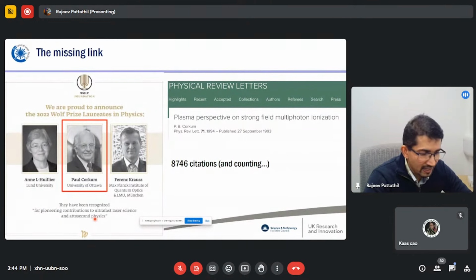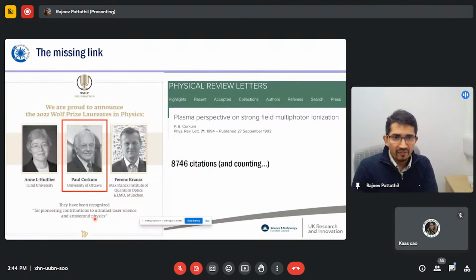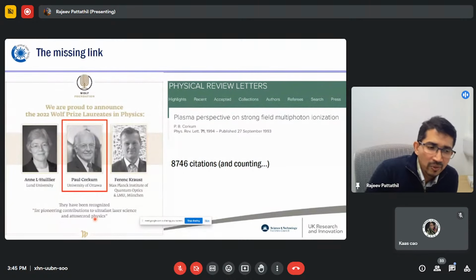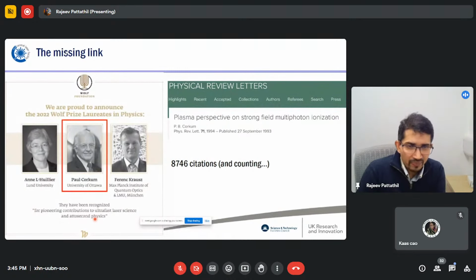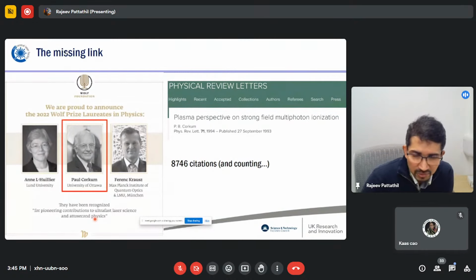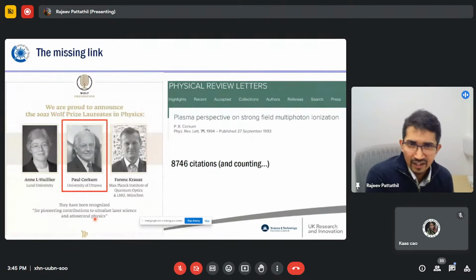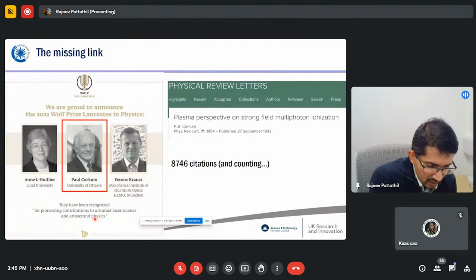This Nobel Prize was in some ways surprising to quite a few of us in the field, because Paul is known as one of the godfathers of attosecond science. It will become clearer as we go through the talk that his insights into fundamental processes, especially a process called high harmonic generation, which I'll come to towards the middle or end of the talk, were crucial.